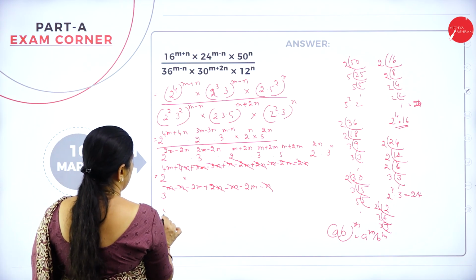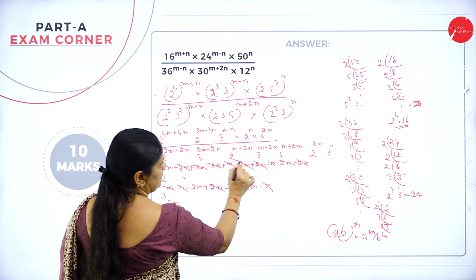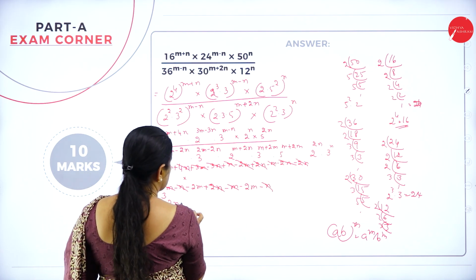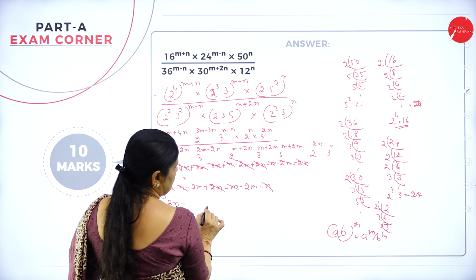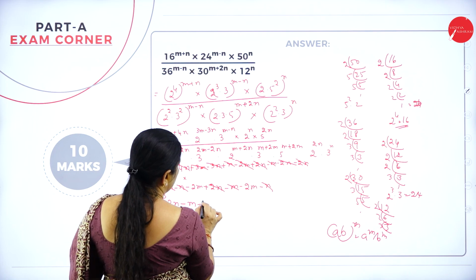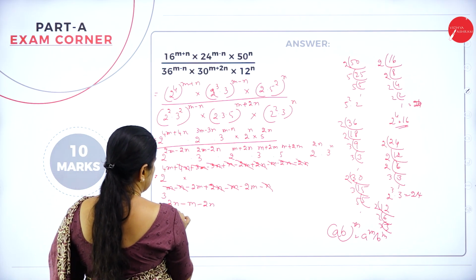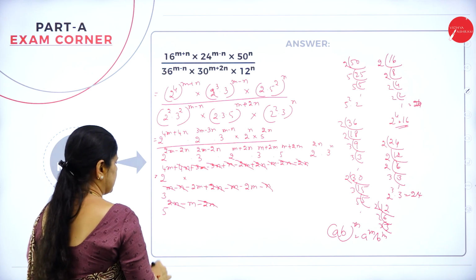Then next we are having 5 to the power of 2n minus m minus 2n. So, I cancel this, plus 2n minus 2n gets cancelled.